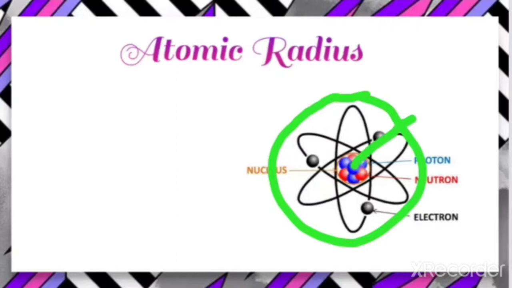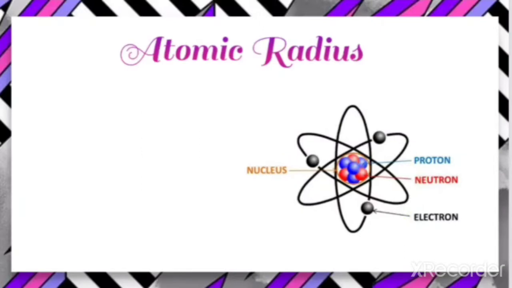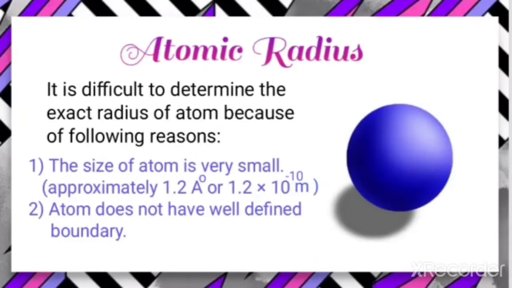Because of the probability picture of electrons in an atom, discussed in the previous video, an atom does not have a well-defined boundary, and the probability of finding the electron is never zero even at a large distance from the nucleus. So because there is no well-defined boundary, it is quite difficult to determine the atomic radius.